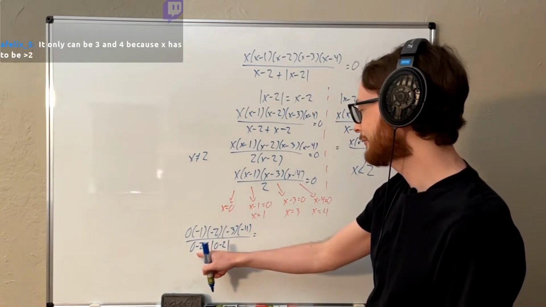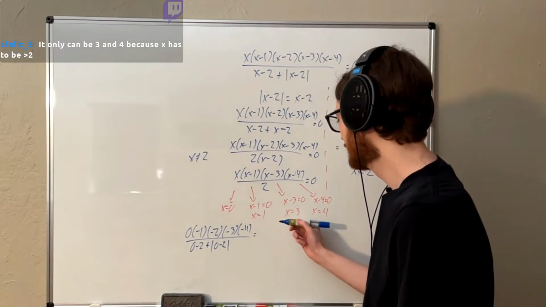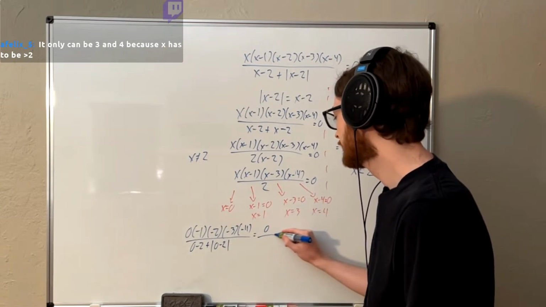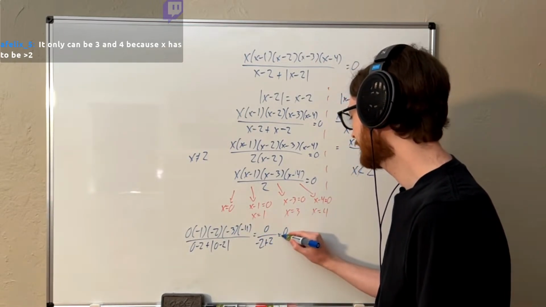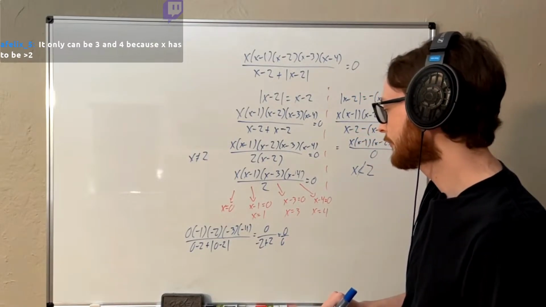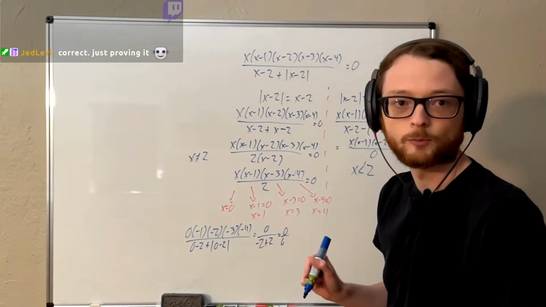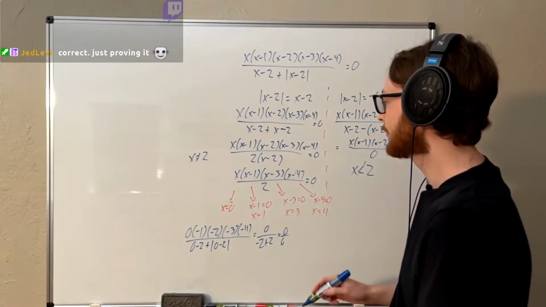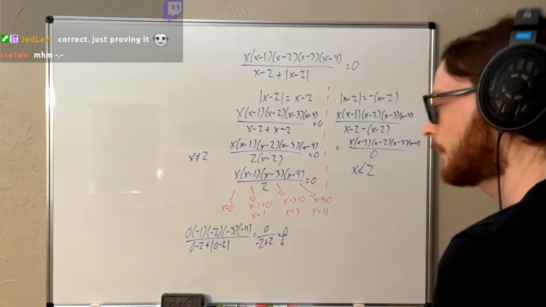Because we get -2 plus the absolute value of -2, which is +2. So on top, I'm just going to write a 0 because 0 times anything is 0. And on the bottom, we get -2 plus +2. We get 0 over 0. So this thing is not defined for x equals 0. X equals 0 looks like a solution, but it's not a real solution to the original equation. It's a solution to this other equation we got by doing some simplifications, but it's not what the question was.